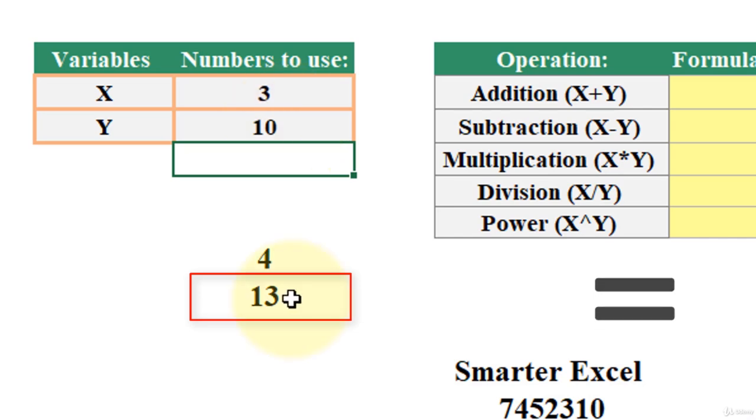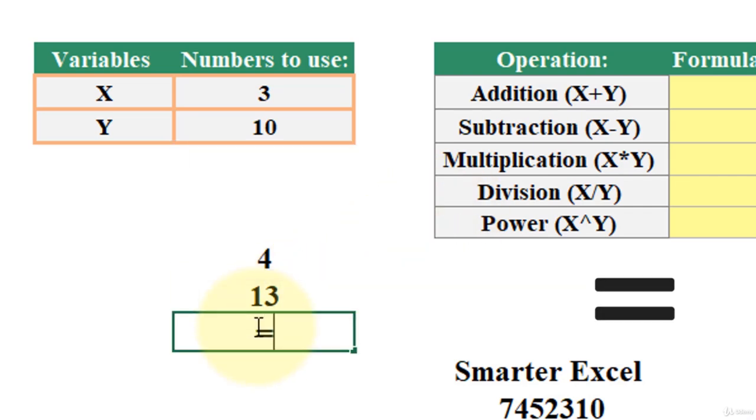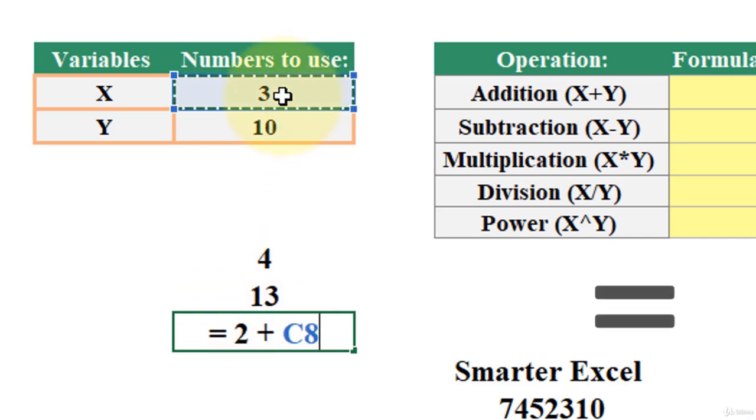Now I want to write one constant and one cell reference. Let's try. I write equal sign. The first constant will be 2, and the process will be addition. Write plus sign, and I want to add the second term of this equation as a reference, like C8. Okay?